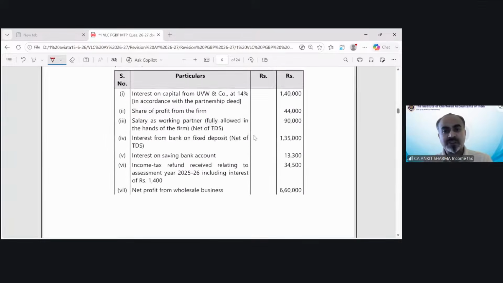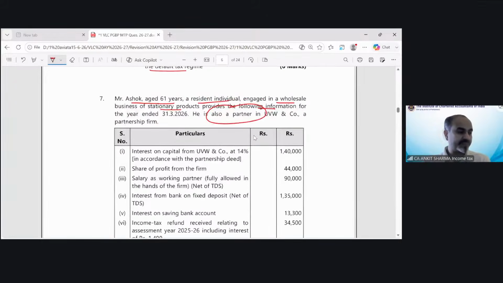For the purpose of the optional tax regime, we need to consider things one by one. So, interest on capital from UVW and Company at 14% in accordance with the partnership deed. Now I have a question for all of you. Please listen carefully, then apply the provision and then give me the answer.